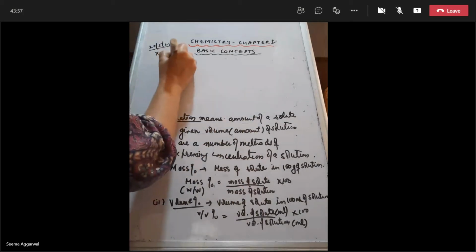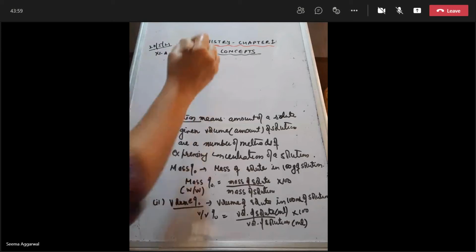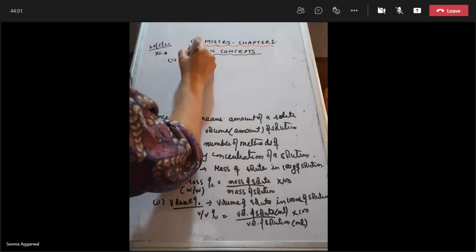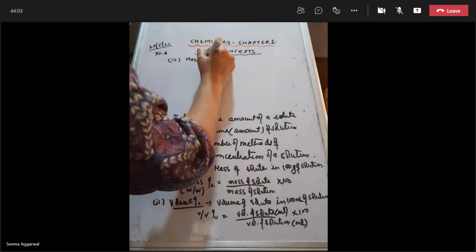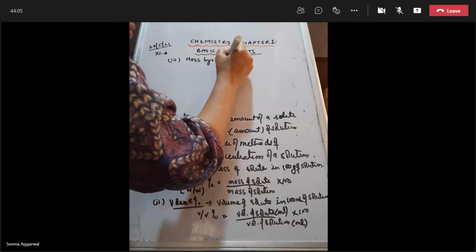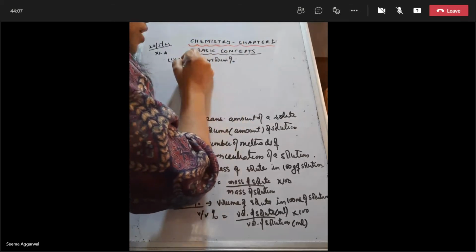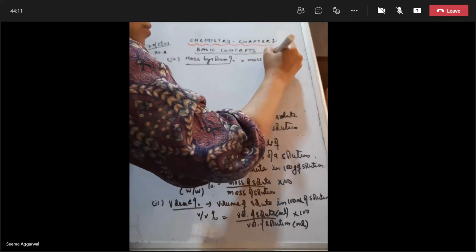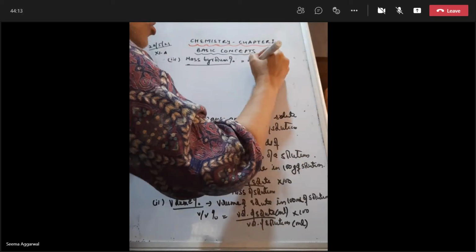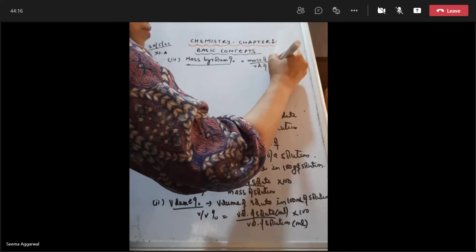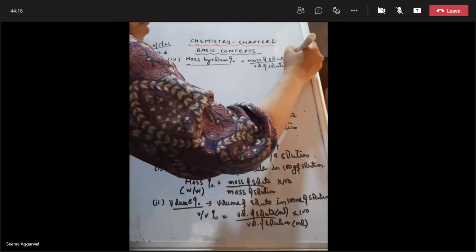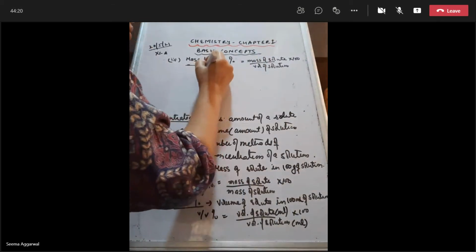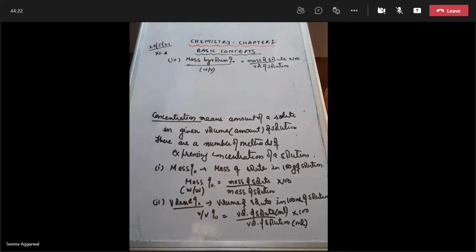Okay, now the third one is mass by volume. Some of them are not given in NCERT, but you should know this. Mass by volume percent. I am simply writing the formula. Now what is mass by volume percent? Mass of solute upon volume of solution into 100. Okay? W upon V. This is not given in NCERT, so I am not defining it.